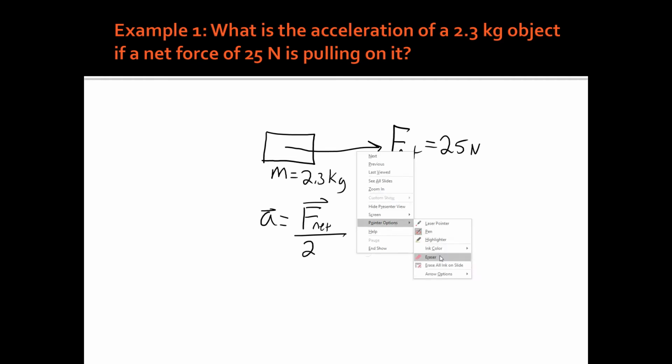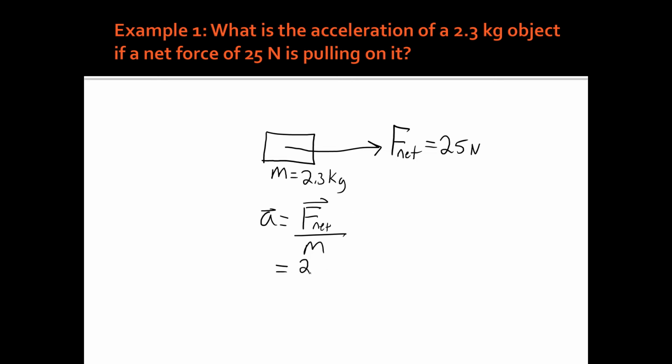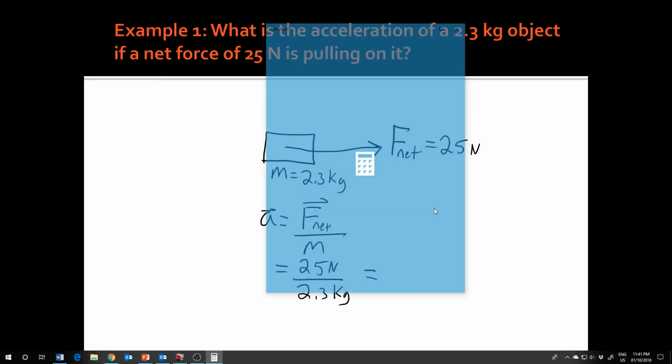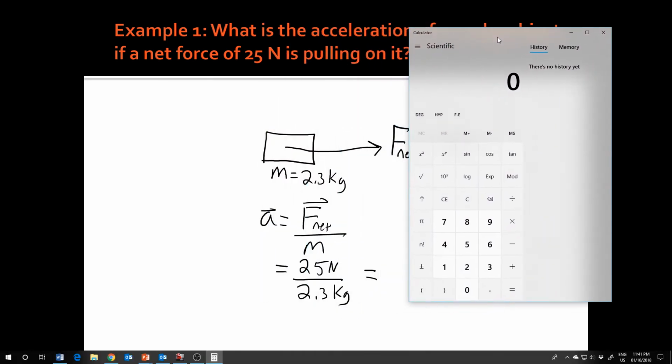I'm getting a little bit ahead of myself. By the mass. Now we're going to replace the net force with its value of 25 newtons and the mass with its value of 2.3 kilograms. Alright, so this will give us an end result of, pull up the calculator, there we go.